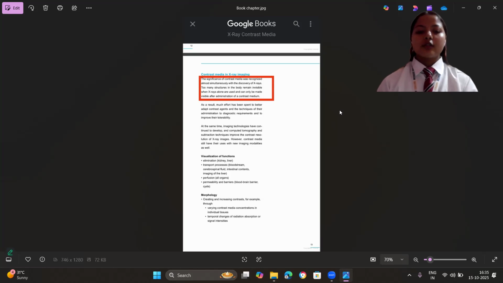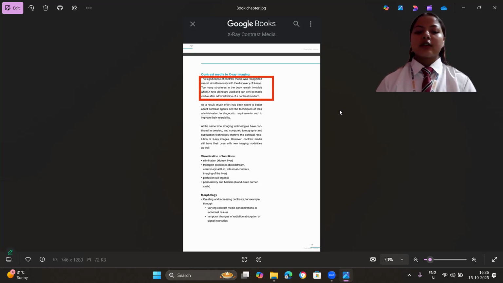Now, the book also talks about the function and uses of contrast media, particularly in terms of visualization and morphology. In visualization, contrast agents help to study processes like elimination, for example, how the kidneys or liver excrete substances, and transport processes like the flow of blood, movement of cerebrospinal fluid or intestinal contents, perfusion, which means the blood supply to various organs, and permeability and barriers such as the blood-brain barrier, or cyst walls.